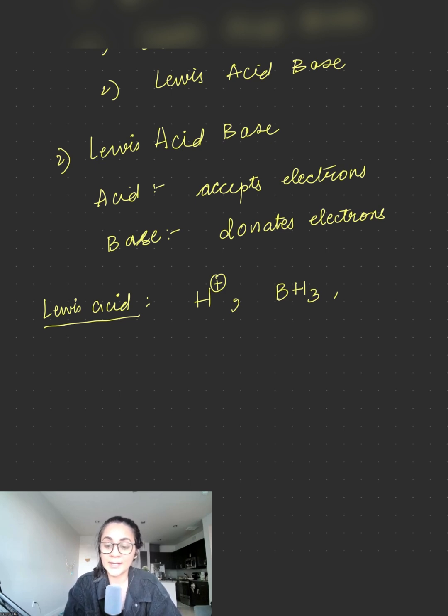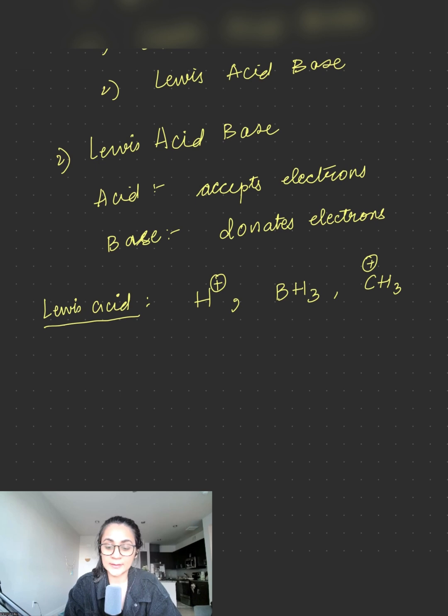So mostly species of boron would be Lewis acids, and positively charged species would also be Lewis acids. For example, CH3 positive is also a Lewis acid.